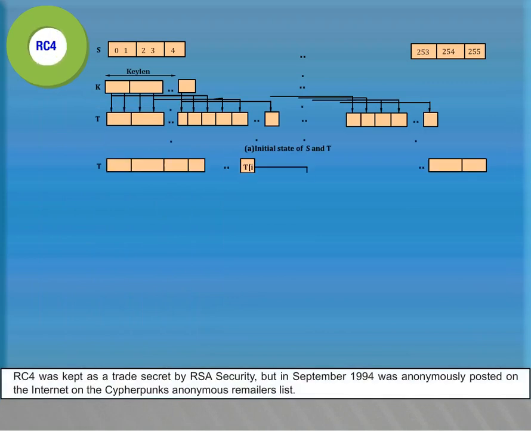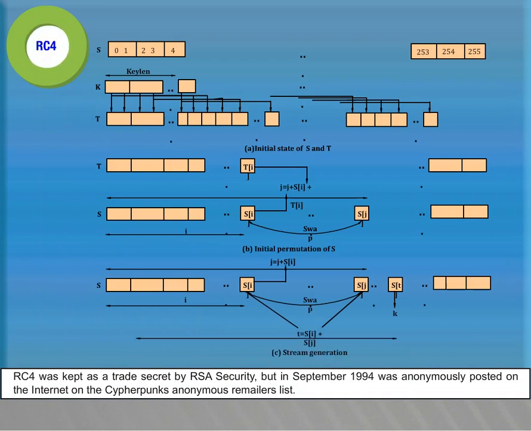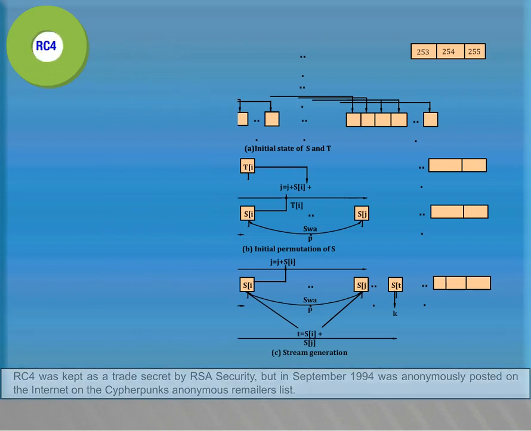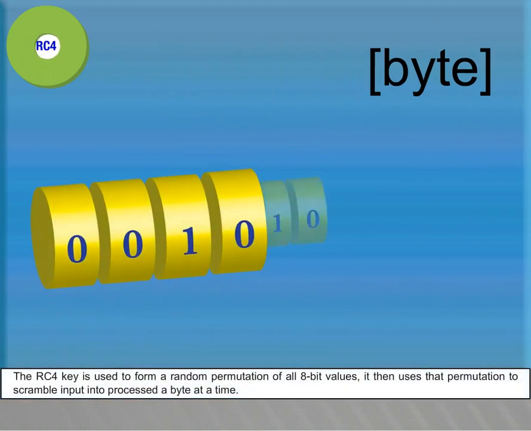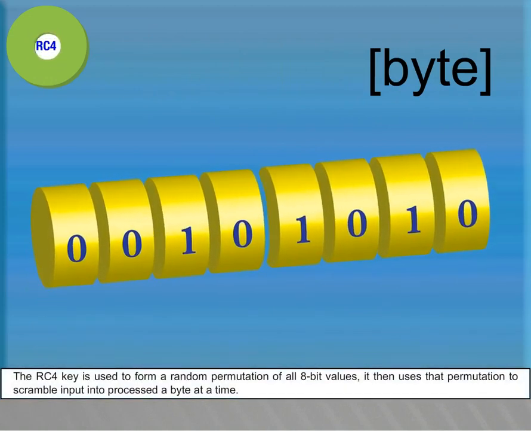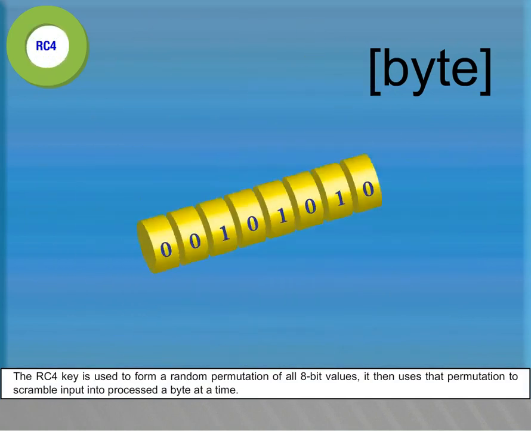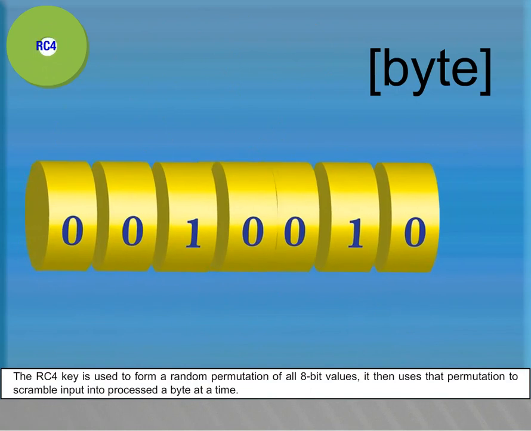RC4 was kept as a trade secret by RSA Security, but in September 1994 was anonymously posted on the internet on the Cypherpunks anonymous remailers list. The RC4 key is used to form a random permutation of all 8-bit values. It then uses that permutation to scramble input information processed a byte at a time.